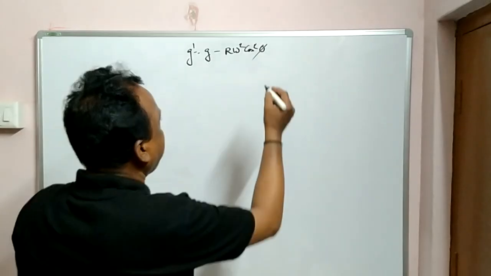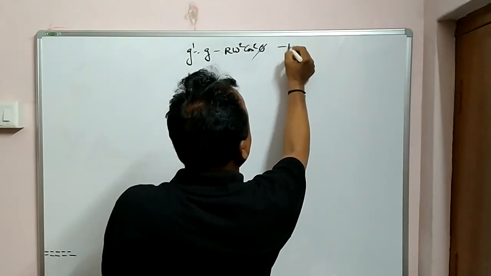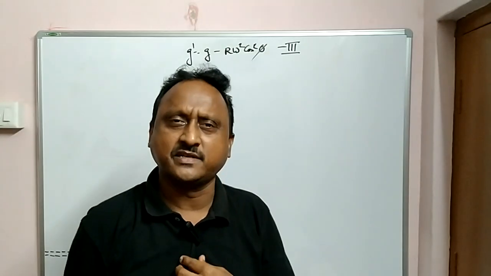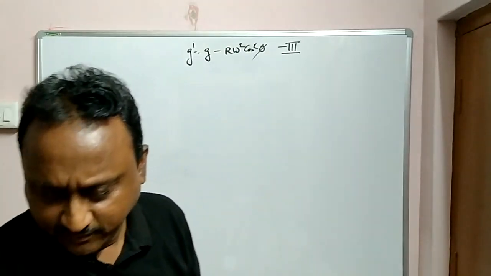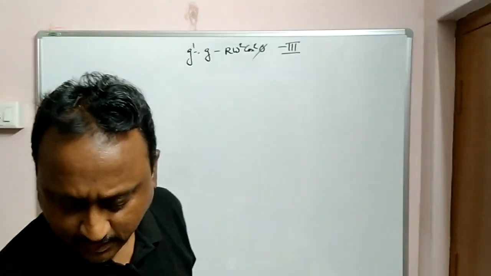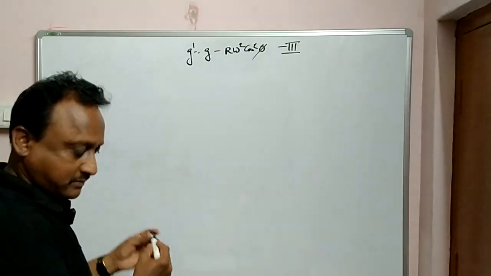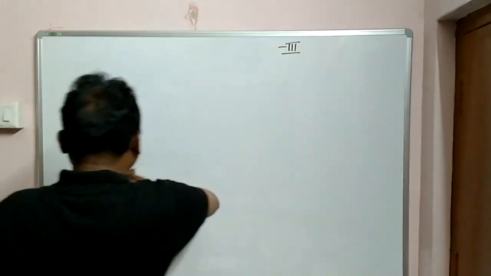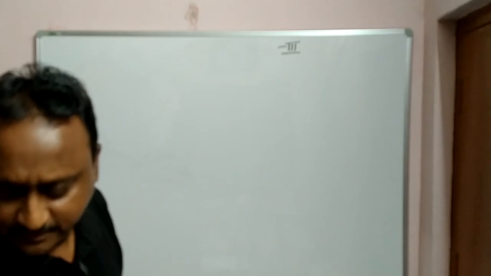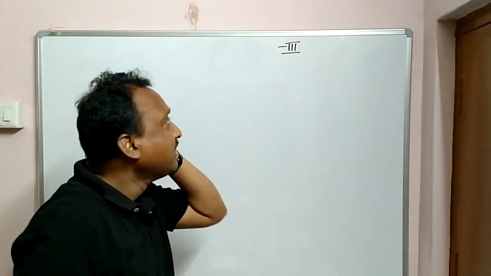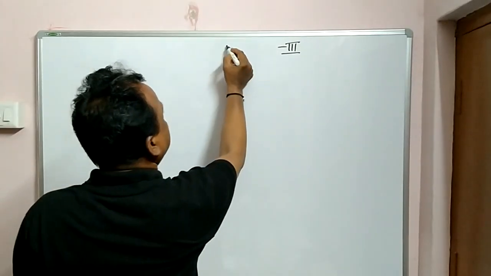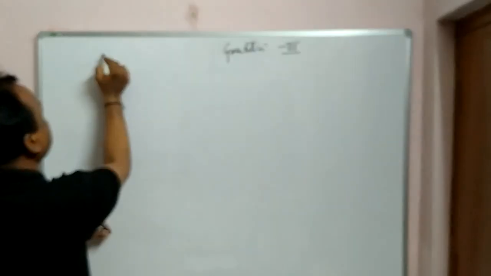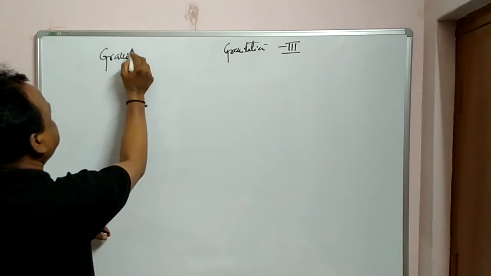Now in part 3 of gravitation, which may be the last part of the gravitation chapter, I suppose, we will discuss what is gravitational potential, and also what is gravitational potential energy.